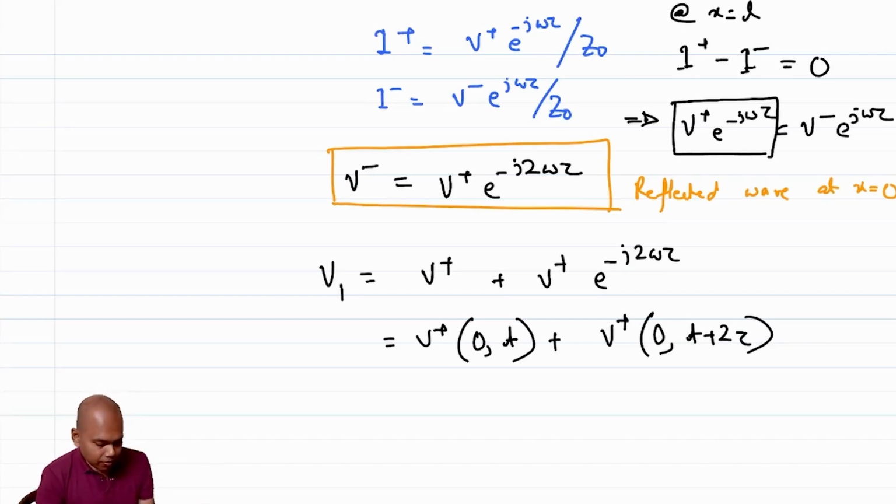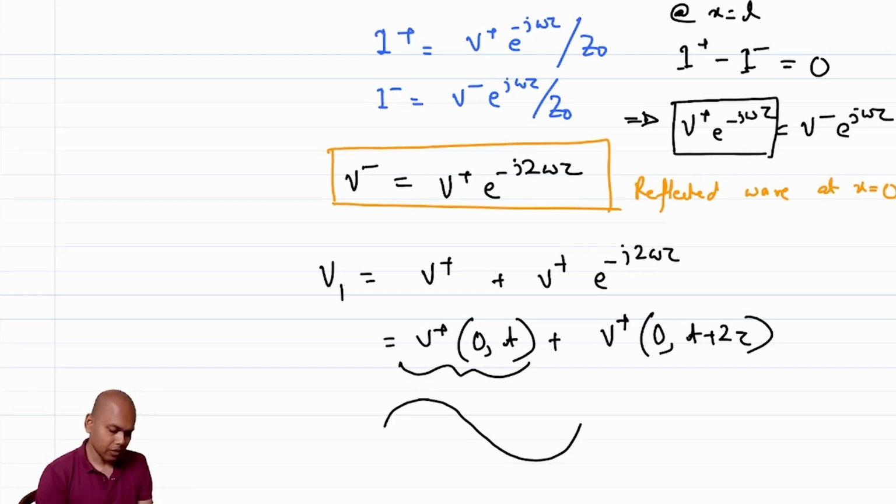Okay, so now let's make sense of whatever we were trying to make sense of at the beginning. So assume this is a sinusoid of certain frequency omega, right?